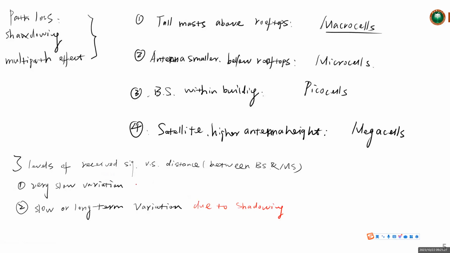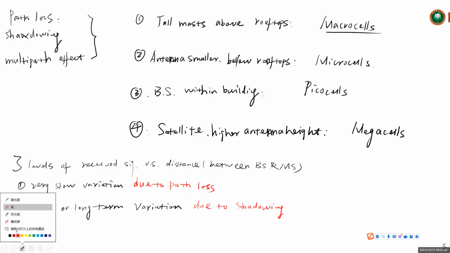This is due to path loss. And the third kind is fast, or short-term variation.